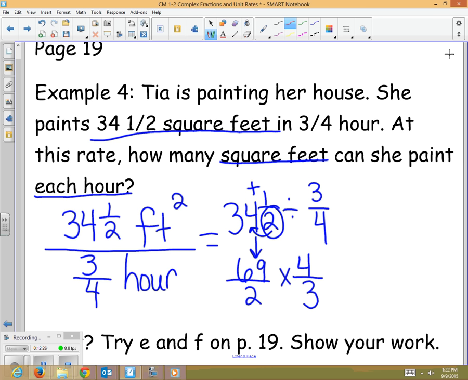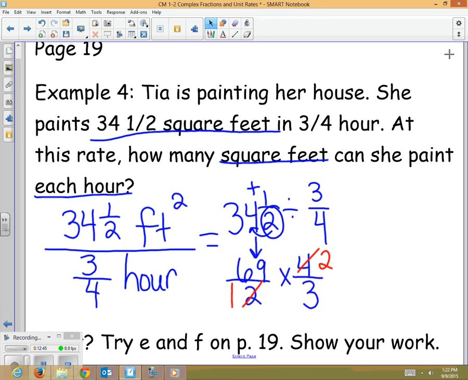If you look at the diagonals of the numerator and the denominator, 4 and 2 are both divisible by 2. 2 divided by 2 is 1. 4 divided by 2 is 2. They cross simplify.